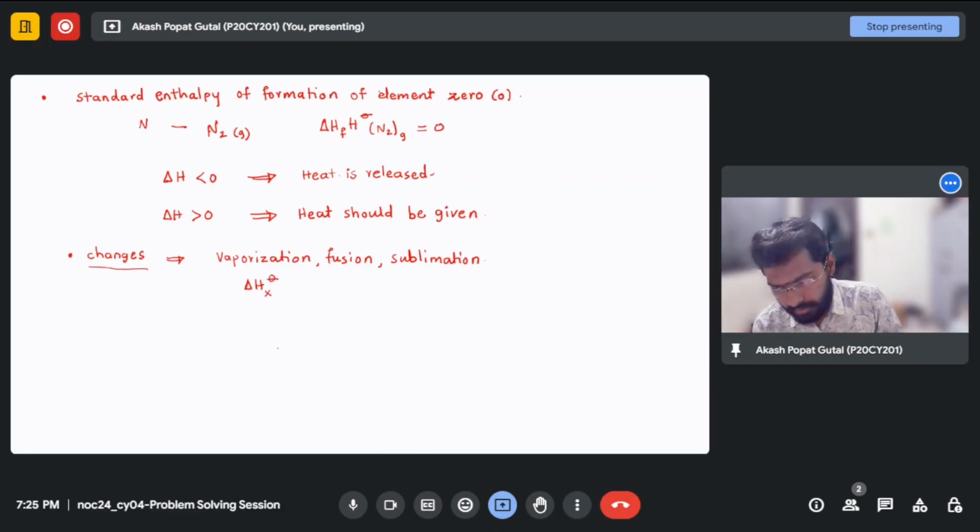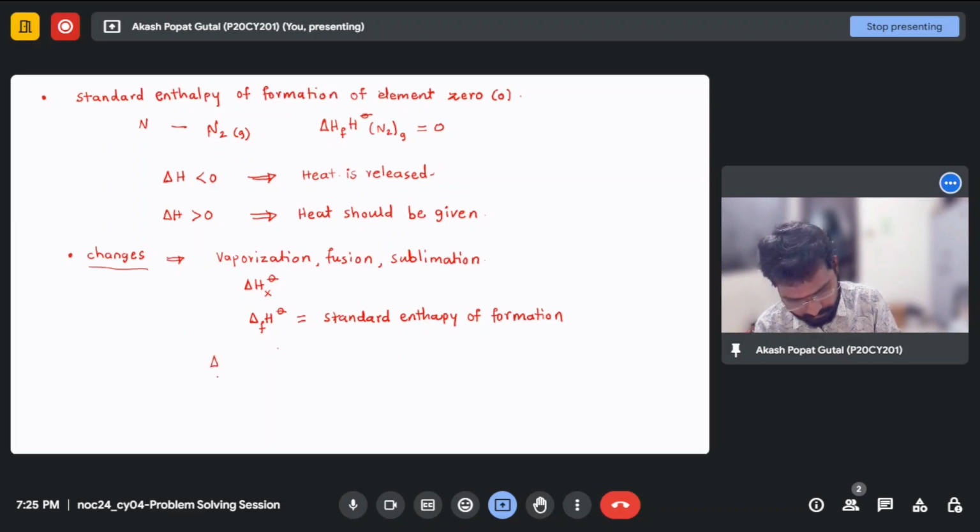And so the formation enthalpy change is the standard enthalpy of formation.